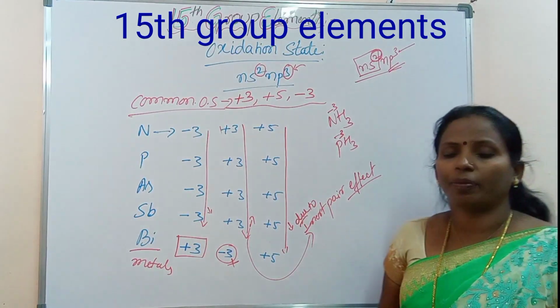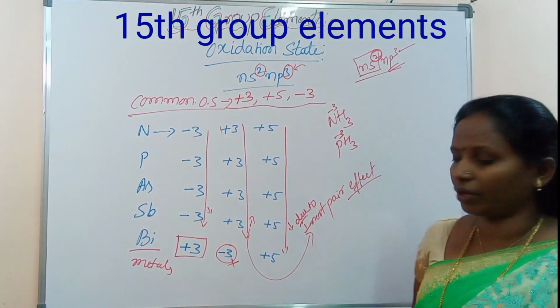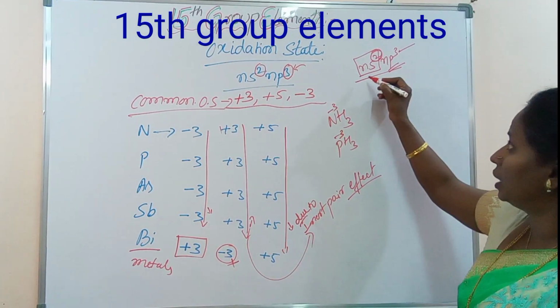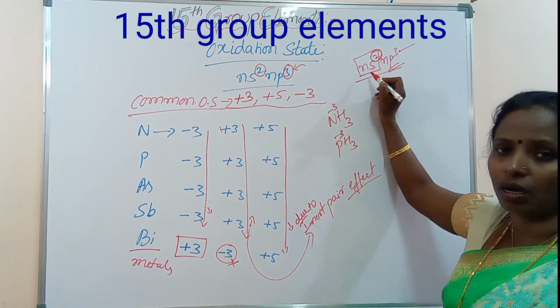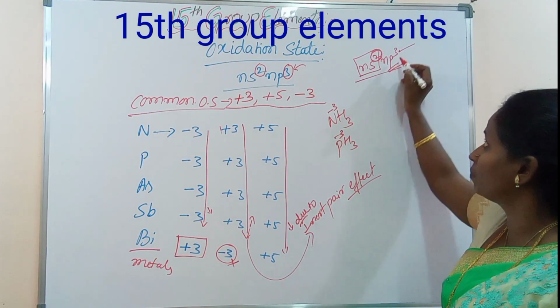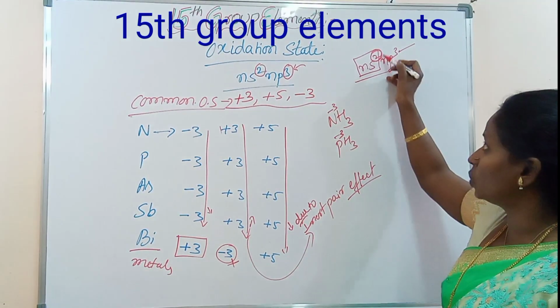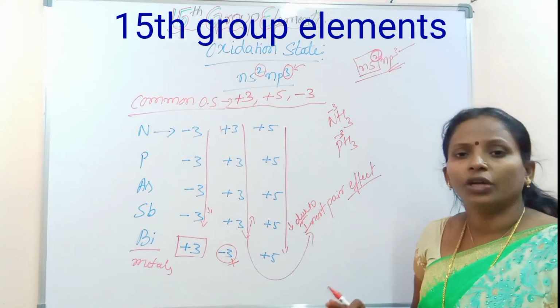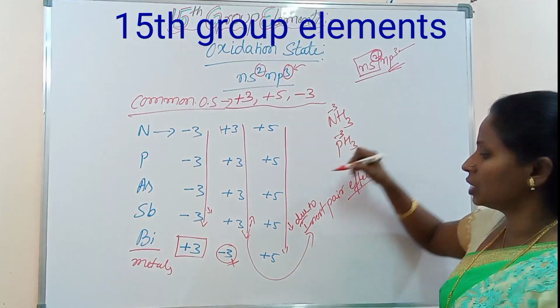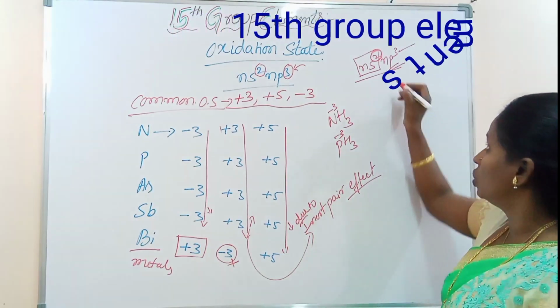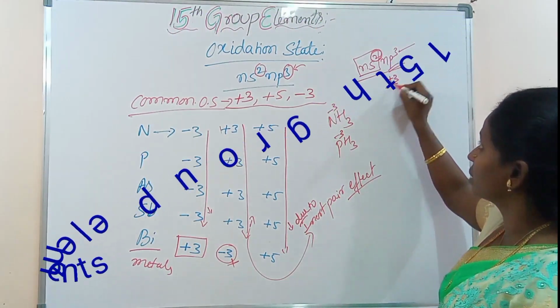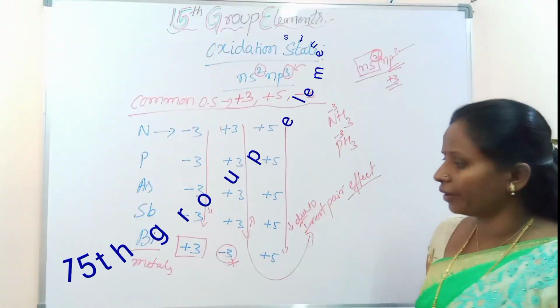The s2 electrons are tightly bound to the nucleus, and that effect is called the inert pair effect, so they take the +3 oxidation state.